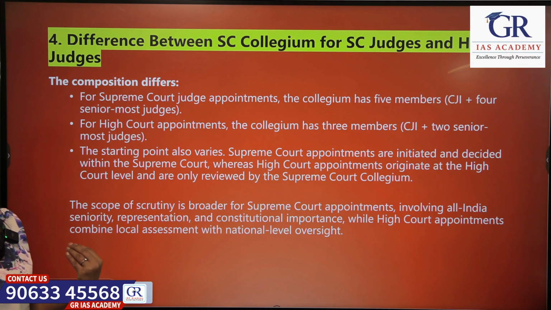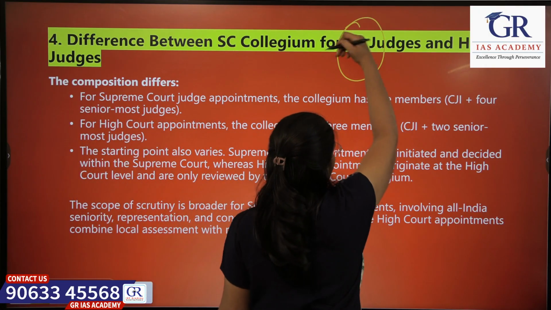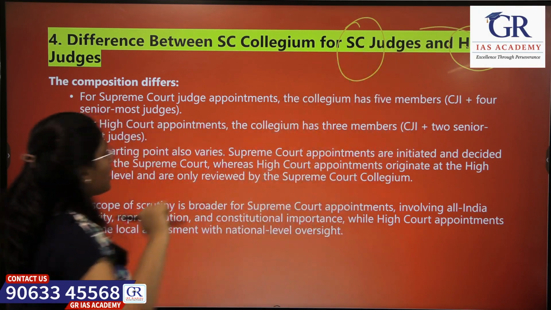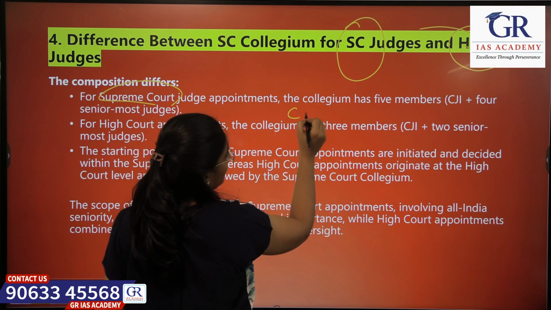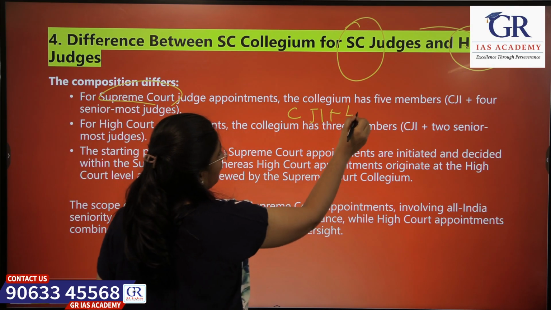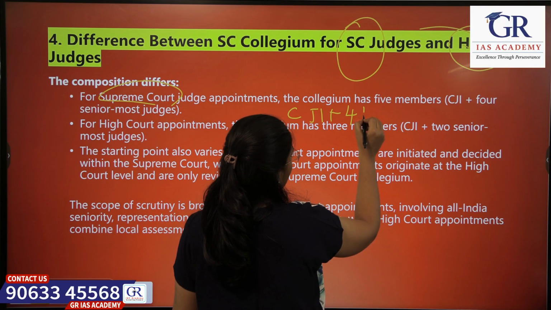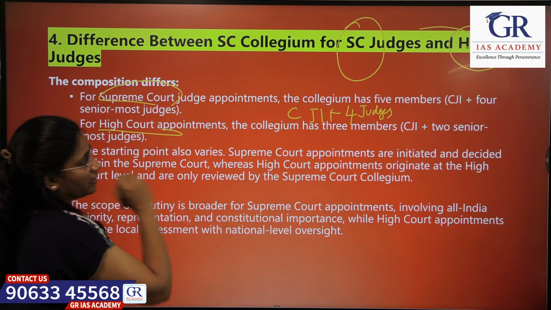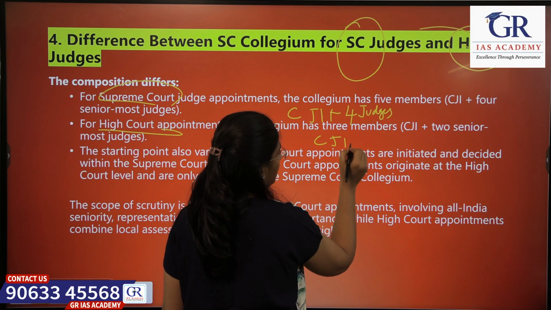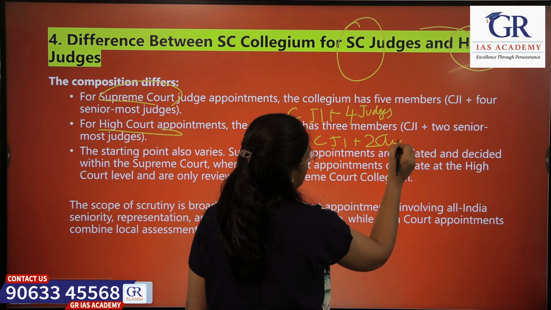Now let's see the difference between the Collegium for Supreme Court judges' appointment and High Court judges' appointment. In the case of the Supreme Court, it has the CJI plus 4 senior most judges. In the case of the High Court, it has the CJI plus 2 judges.